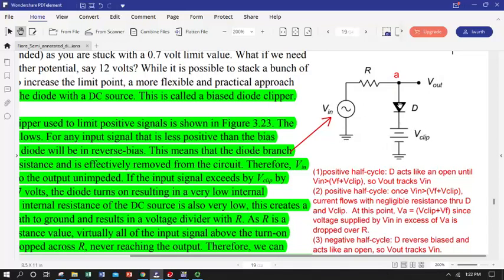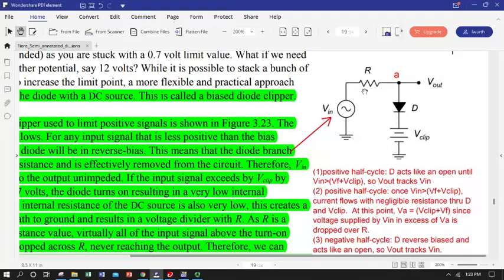So the diode will turn on when the voltage at node A is V clip, meaning the clipper offset, plus whatever the forward bias voltage of the diode is, and we're going to assume that it's 0.7 in most cases. So when VA is V clip plus V forward, probably 0.7, we can get current flowing to ground through this path.